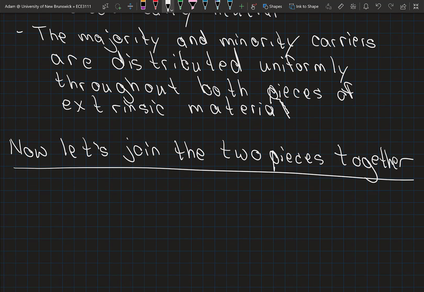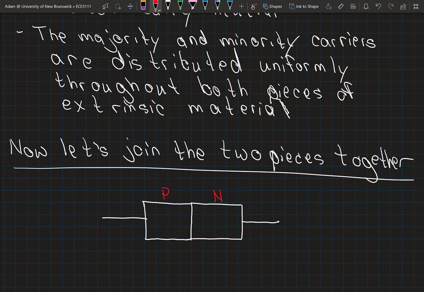Okay, so now rather than two individual pieces of doped semiconductor, we have two pieces joined, and I'm going to show this in steps. So here is when we first join the two materials together. These positively charged holes are going to want to move to the right.